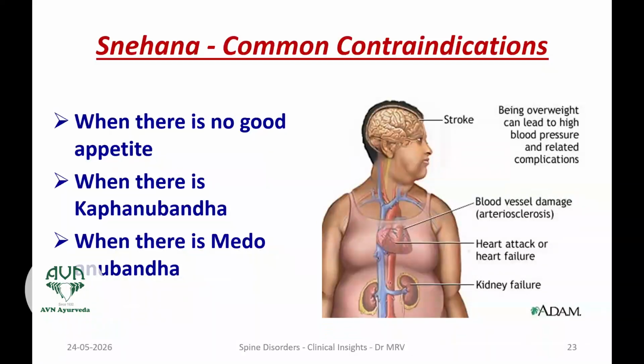At that time we can apply Snehana. Because Sneha, especially Ghrita, is always Vata Pitta hara. Consider when there is kapha anubandha, it cannot be applied. When there is Medo anubandha, it cannot be applied. Appetite also we should see, because when there is good appetite, at that time only we can apply Sneha.